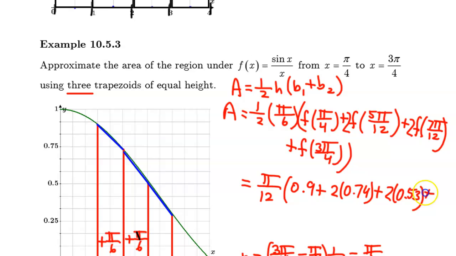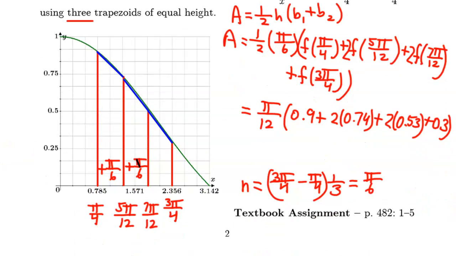Plus 0.3. Okay, and then at the end of the day, pi over 12 is really 0.26, I think it was. And then all of this together turned out to be about 2.5. So I'll just write approximately equal to, and then the final result was approximately 0.656 or something like that. I'll round it to 0.66.